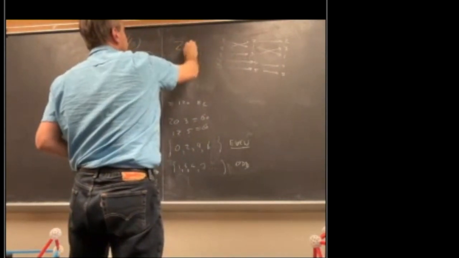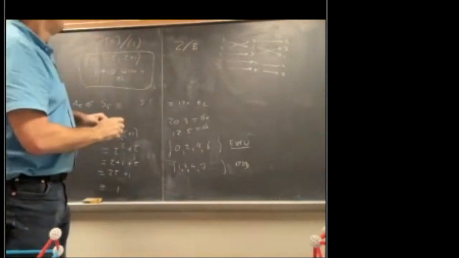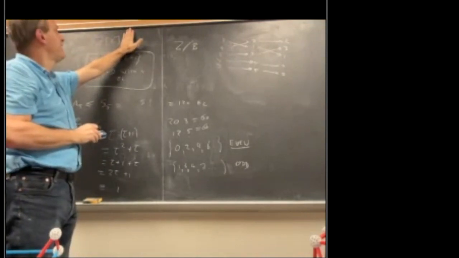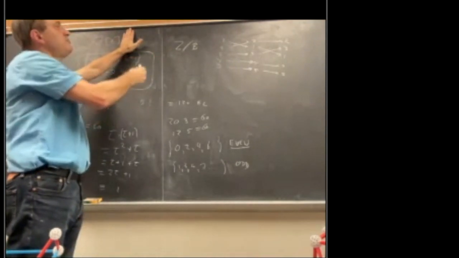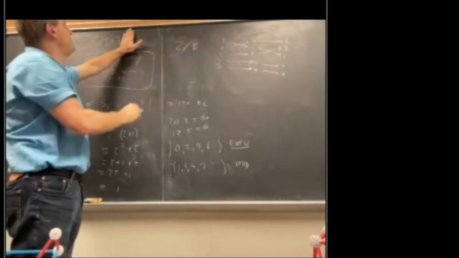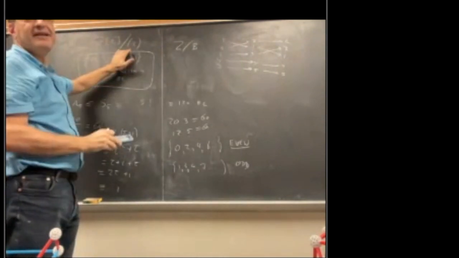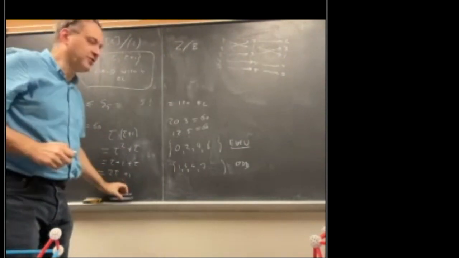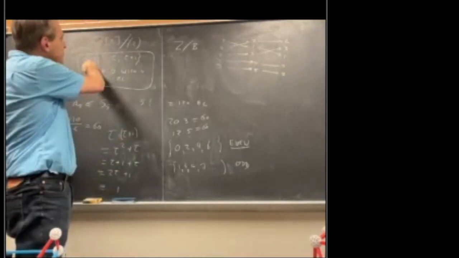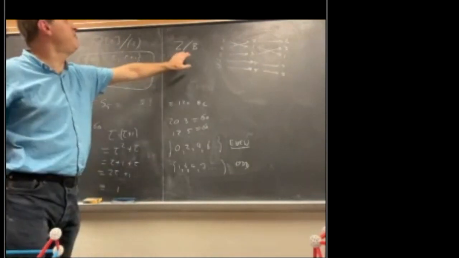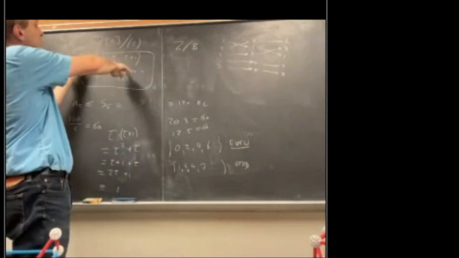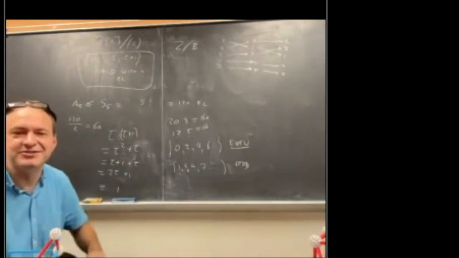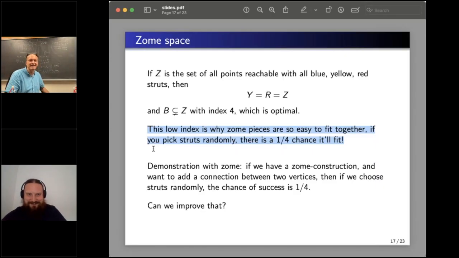So if you have zone space, modulo blue space, both of these are modules over this ring, but this quotient space where you work modulo blue is a vector space over this field, of dimension 1. So therefore, this is a vector space with 4 elements. So labels can also be thought of as elements in a one-dimensional vector space, or as elements of a field with 4 elements. That's the mathematical structure behind labels.